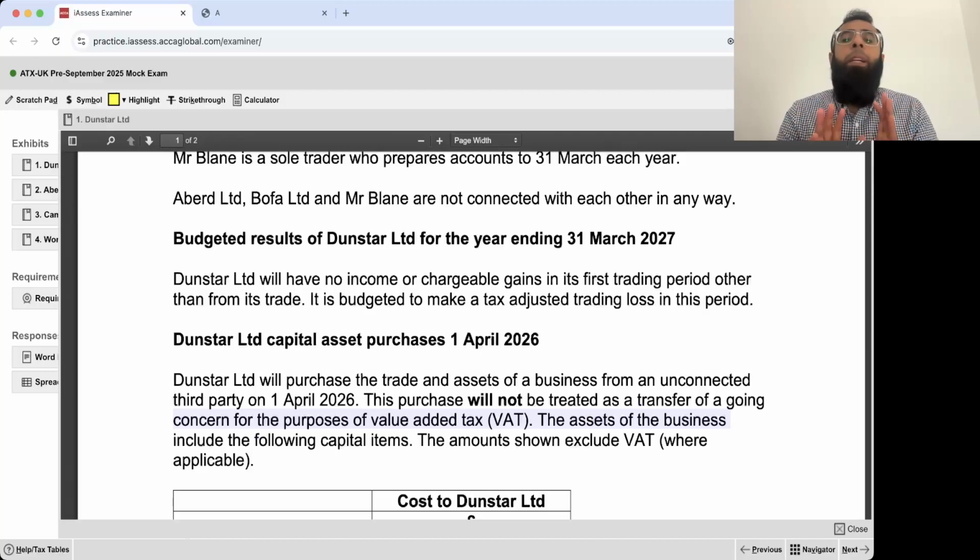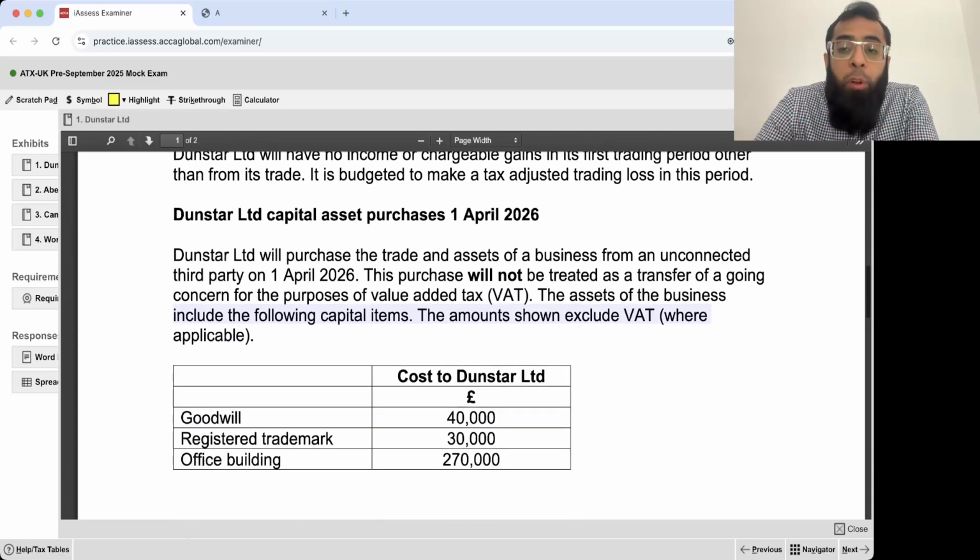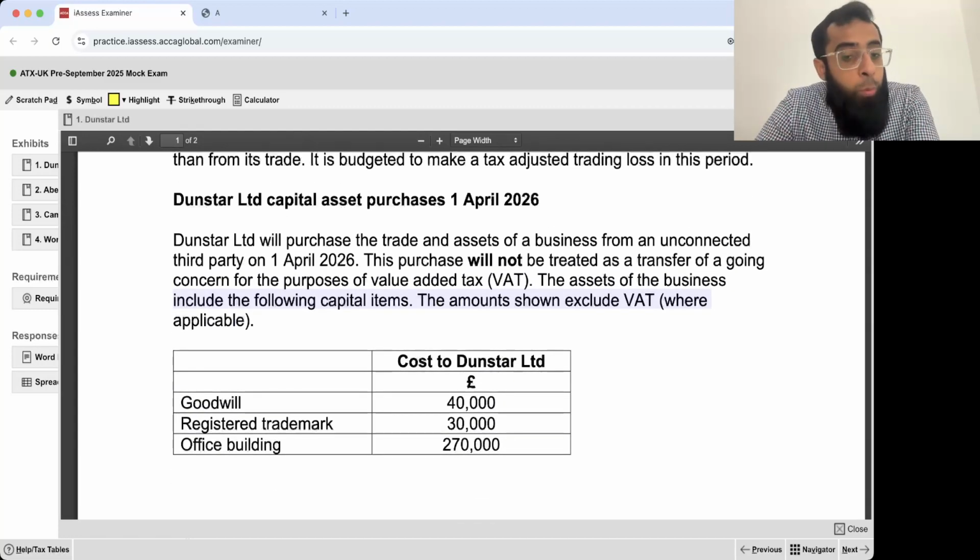It will be a simple purchase of assets, not a purchase of a going concern business. The assets of the business include the following capital items: goodwill, £40,000, registered trademark, £30,000, office building, £270,000. See, we are reading the data. When you are reading the question for the first time, it's very important that you read with patience.